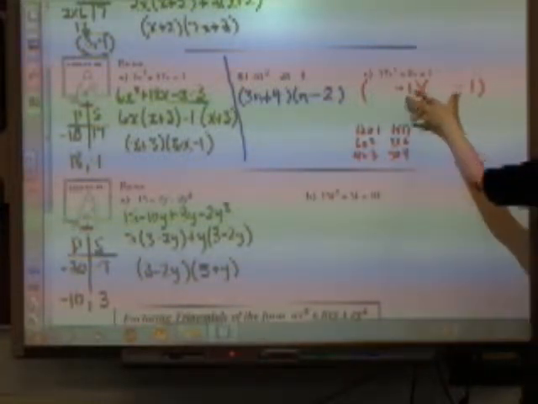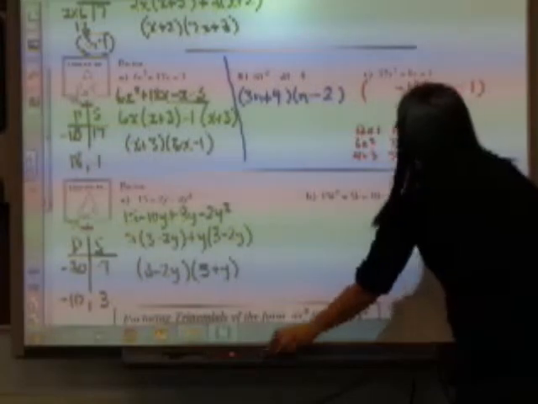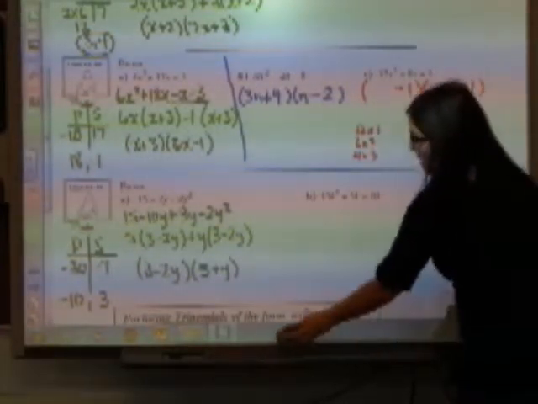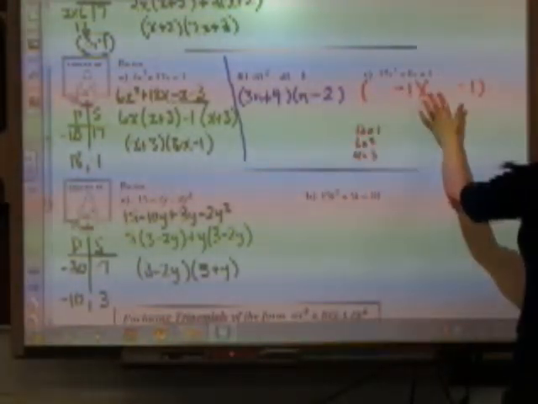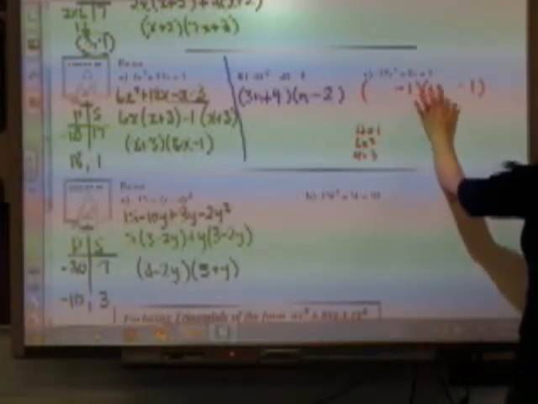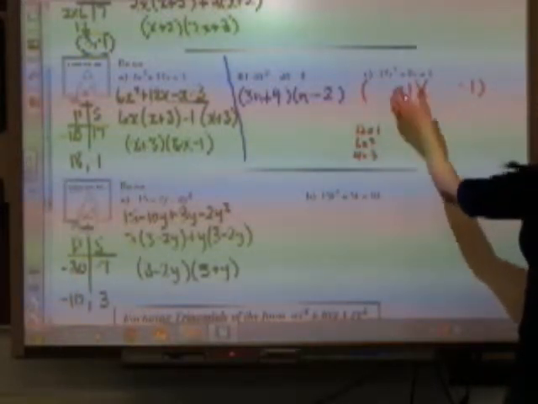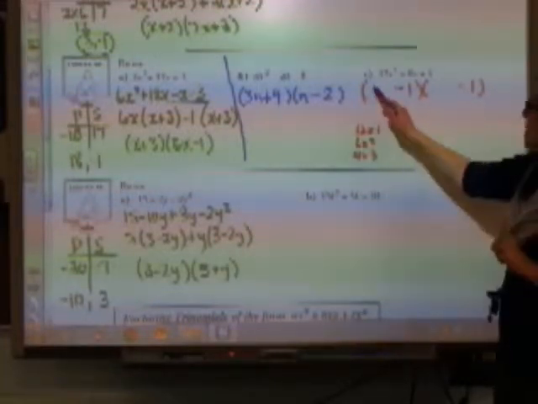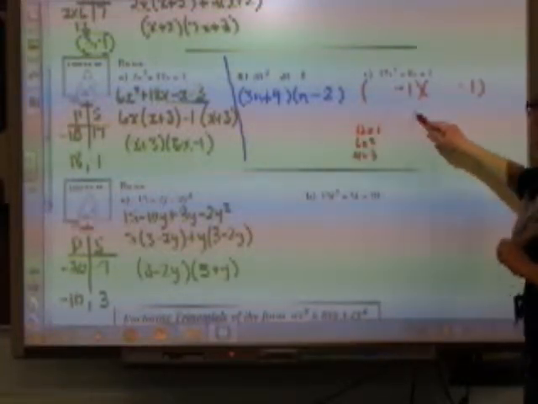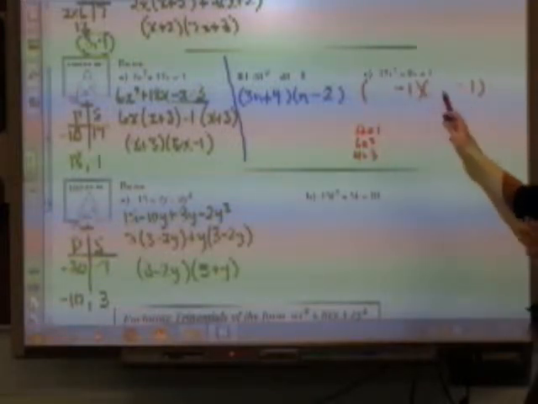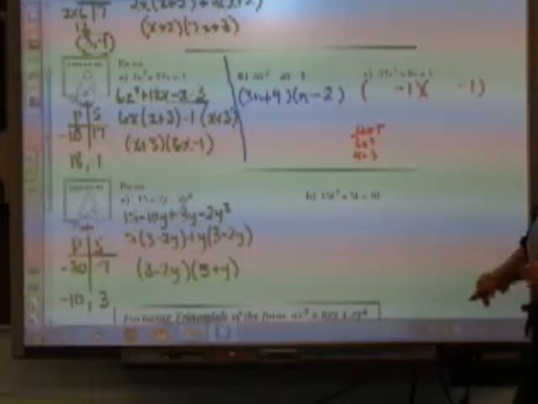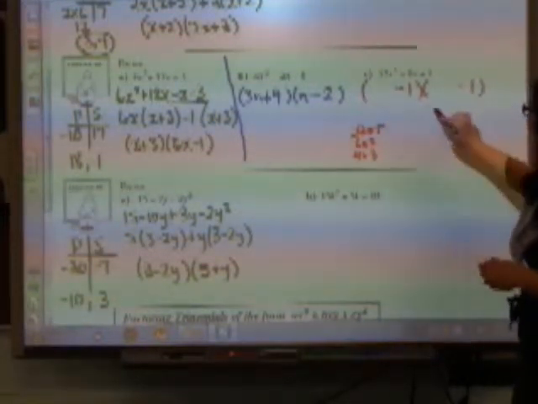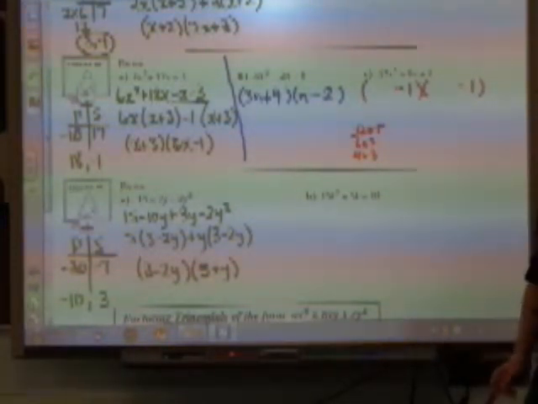Because both of these end with a negative 1, I can eliminate these because it won't matter if I put the 4 here and the 3 here, or the 6 here and the 2 there, or vice versa. When I multiply them out, I'm still going to get the same combinations. So if I try putting a 12 and a 1, I'm going to get 12 and 1. Because they're both the same sign, I'm going to add them together. Gives me 13. If I put a 6 and a 2, 6 and 2 together gives me my 8.